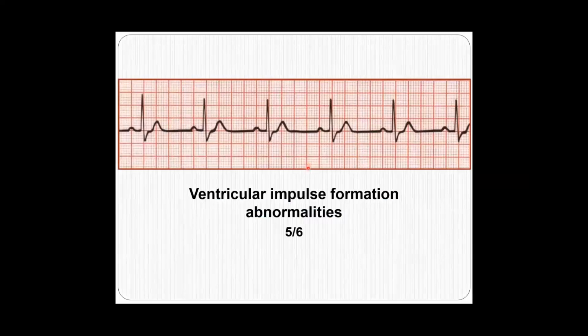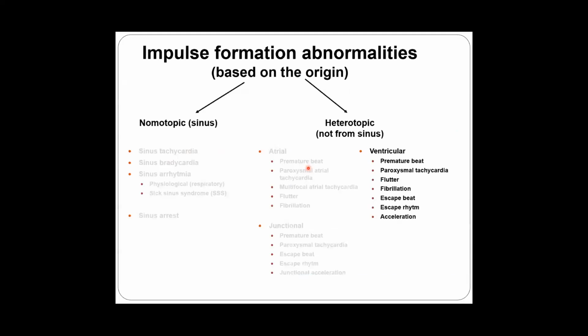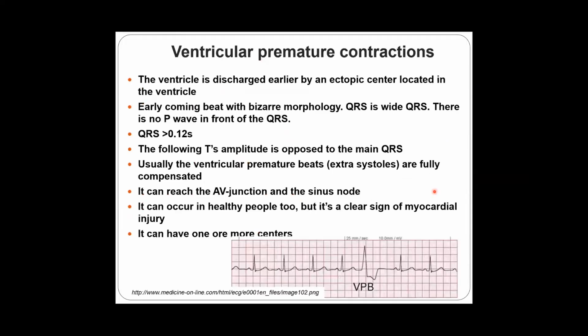Now, a very important part is coming right now, and that's ventricular impulse formation. First of all, everything that is not in a ventricle, as you see here, including atrium, junction, sinus, is a supraventricular impulse formation. And the ventricle is right here when we do have an impulse that originated in a ventricle.